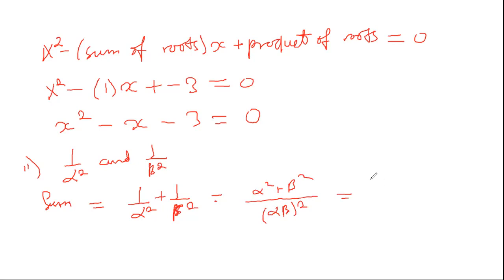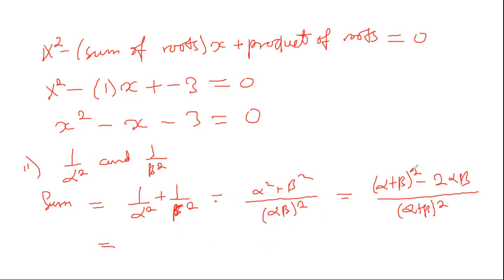And then alpha squared plus beta squared is alpha plus beta squared minus 2 alpha beta. And then here we divide this by alpha beta squared.